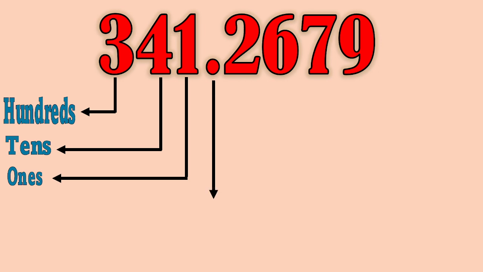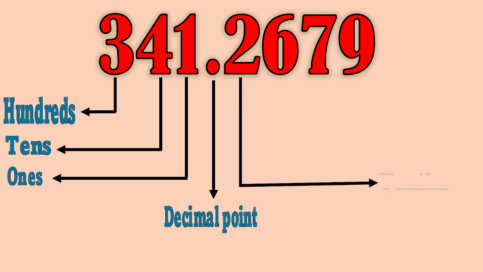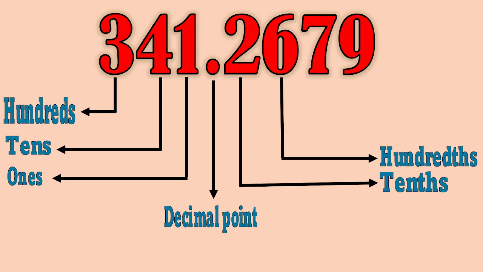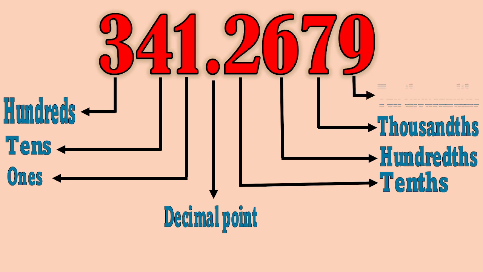The period is the decimal point. The place value of 2 is tenths. The place value of 6 is hundredths. The place value of 7 is thousandths. And the place value of 9 is 10,000ths.